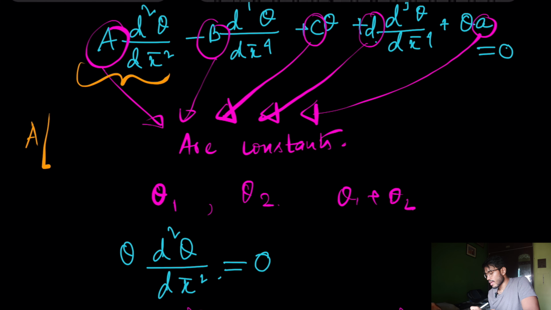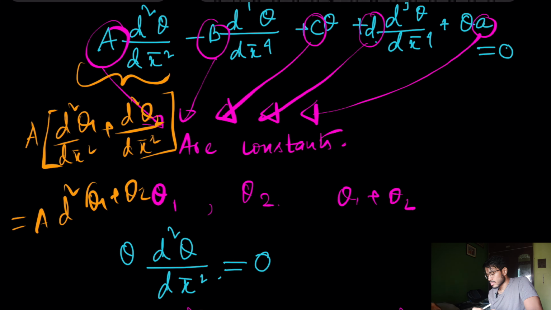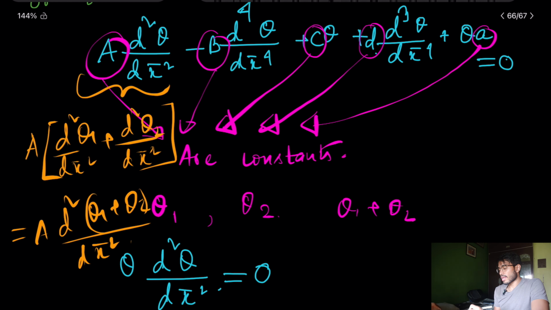We will have a, which is a constant, I can take it common, and d2 theta 1 dx2 plus d2 theta 2 dx2. So this you can write as this, right? Similarly, in every term you can have theta 1 plus theta 2 instead of theta. Then you can say that theta 1 plus theta 2 is also a solution.